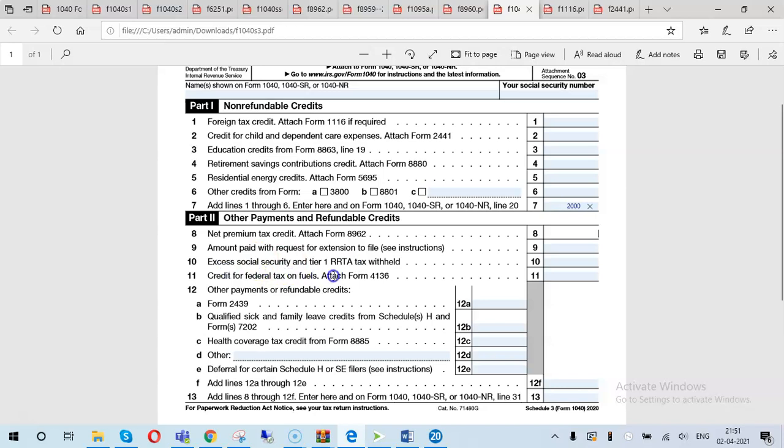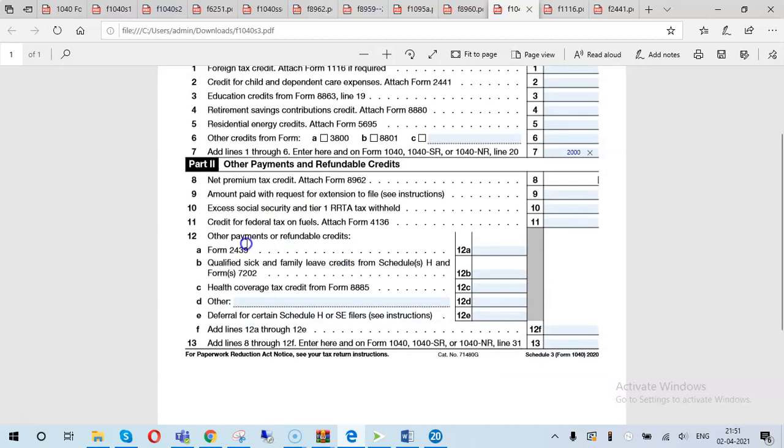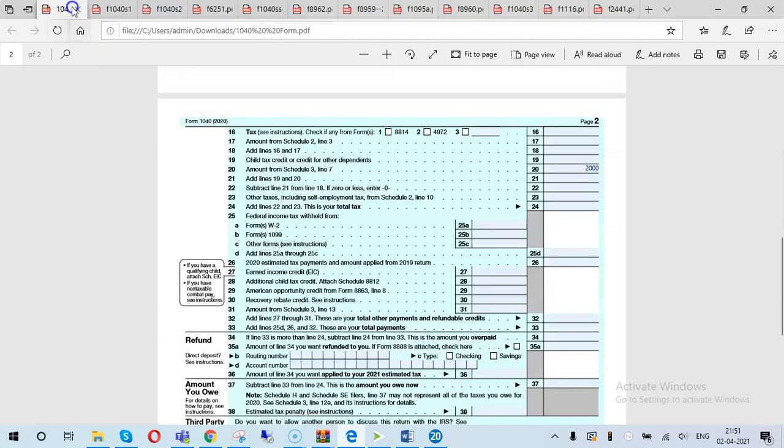Then excess social security or tier 1 RRTA tax withheld, credit for federal tax on fuels attached Form 4136, other payments or refundable credits such as Form 2439, health coverage tax credit from Form 8885, and deferral for certain Schedule H or SE filers. All of these come to line number 13, and this should come to line number 31 of Form 1040. The amount from Schedule 3, line number 13 should come here.